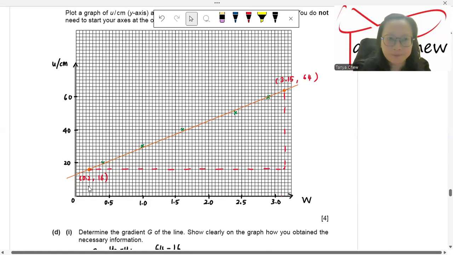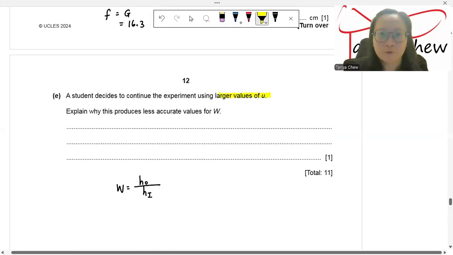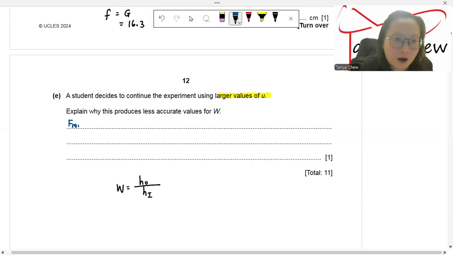Because they say that using larger values of U, I will explain here first before I write down the answer, or I could also write down the answer from the graph.